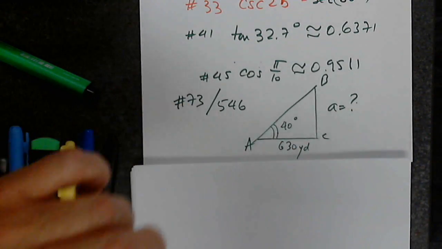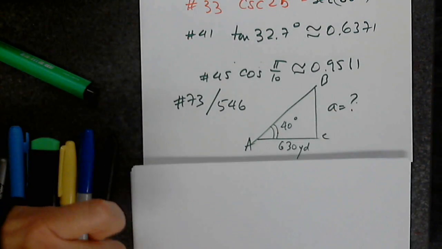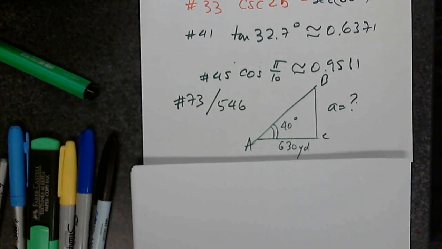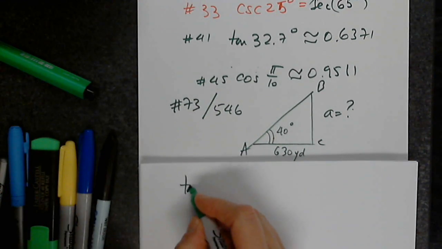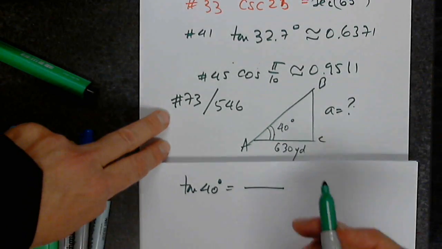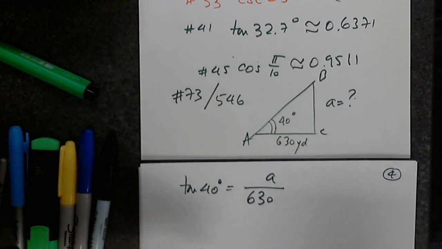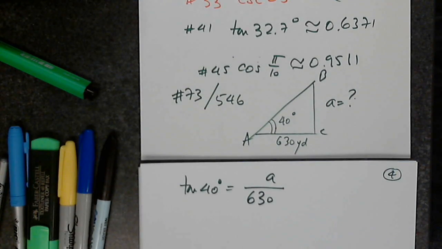I want to find the trig function that I will apply to determine this side. Very good. That's all I need. Why? Because tangent of 40 degrees is a ratio. Which ratio? A over 630 yards. So in this case, the tangent function allows us to determine A.